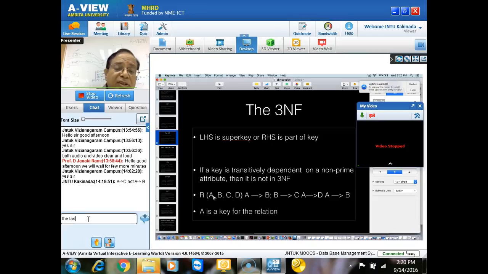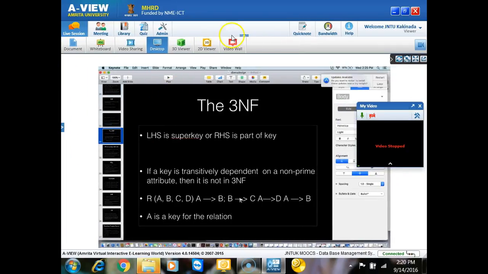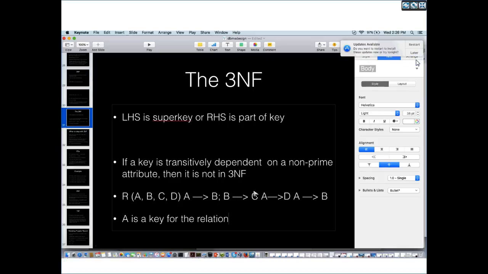So it's very important to understand that this transitive dependency comes because of the functional dependency across non-prime attributes. If a key is functionally dependent by transitivity on a non-prime attribute, that is because of the functional dependency among the non-prime attributes. Now look at the BCNF definition: an LHS has to be a key. This is never going to be there.